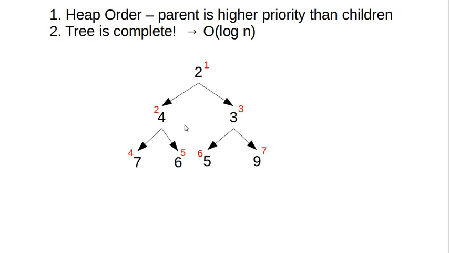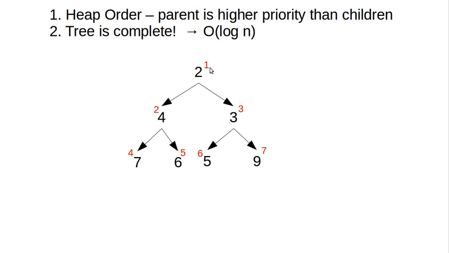So there's this nice mathematical relationship between this index value for any given node and for its parents and children. This only works if I start numbering at 1.